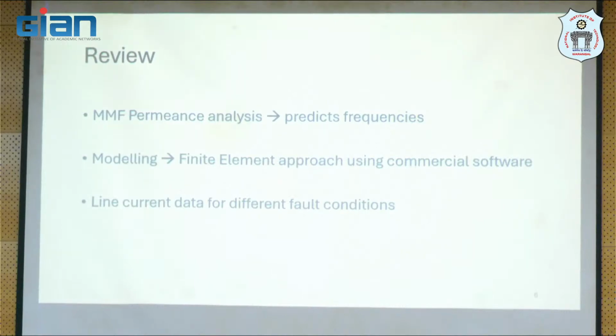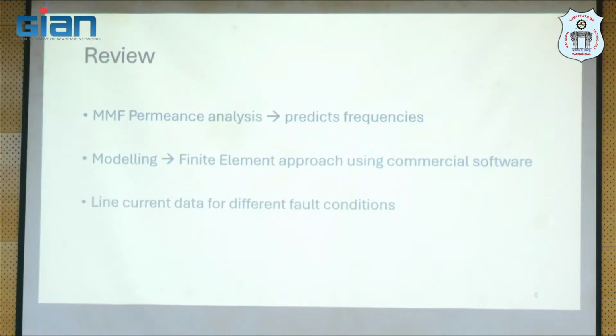And then I also talked briefly about how one could quickly model a faulty motor using finite element tools that are commercially available. So the idea is, by doing this modeling, you can extract line current data as if you have access to a physical setup.